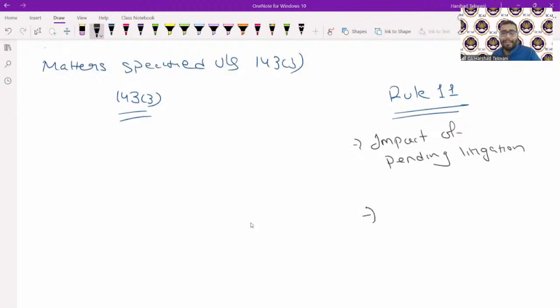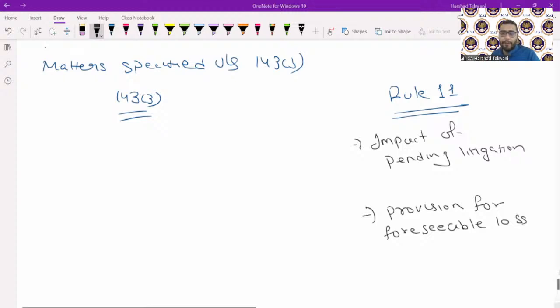Number 2, whether provision for foreseeable material losses has been made. Foreseeable means which we can predict, which we are able to see that these losses may be incurred. So, provision for foreseeable losses.